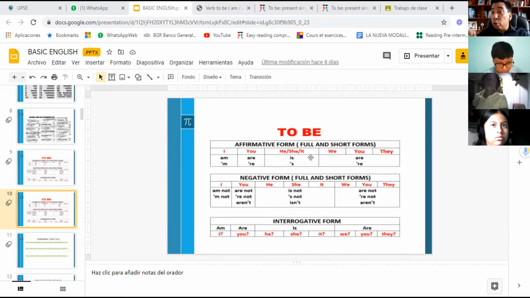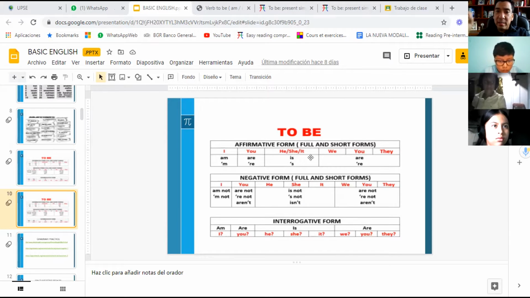Or you can use the contraction: he's, she's, it's. For he, she, and it, the correct conjugation is is.